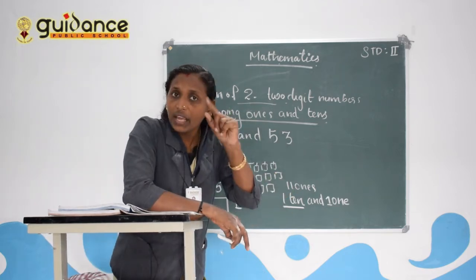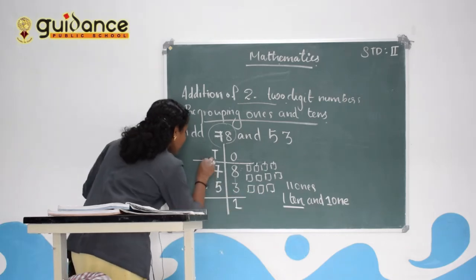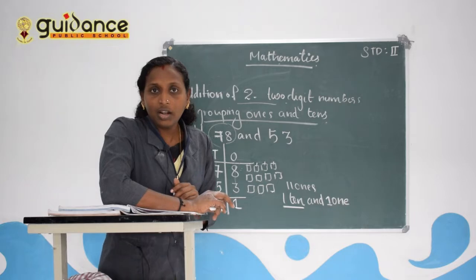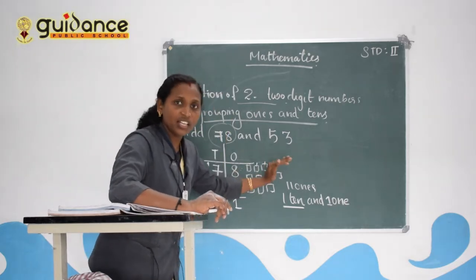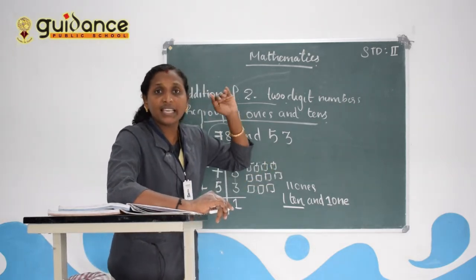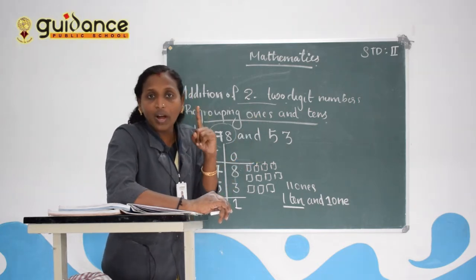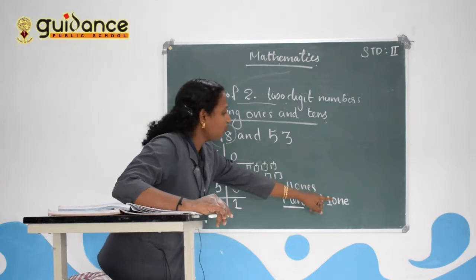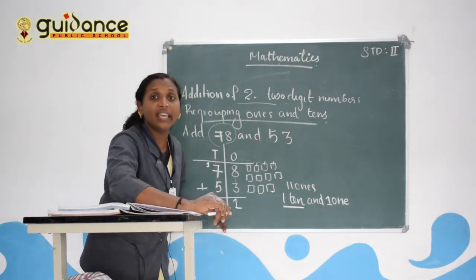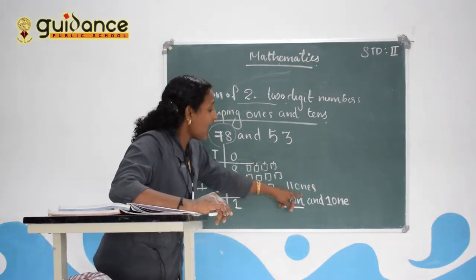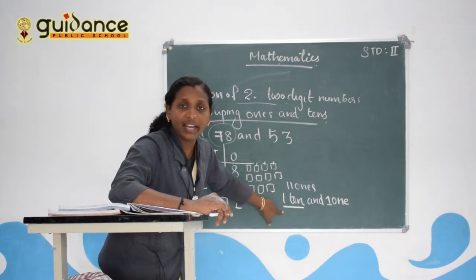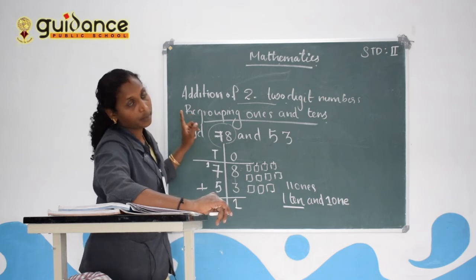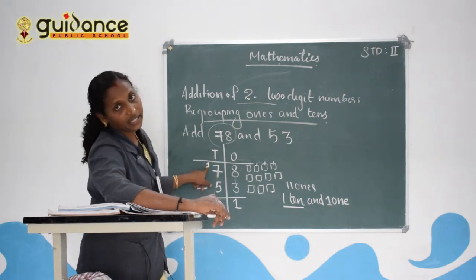It has only 1 ten, that is 1 is carried over. Are you all clear? It has 11 ones. 11 ones can be regrouped into 1 ten and 1 one. And 1 one can be written in the ones place and 1 ten carried over into the tens place. So the carried over is right here.